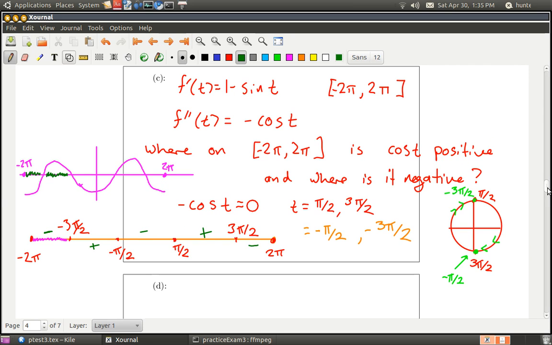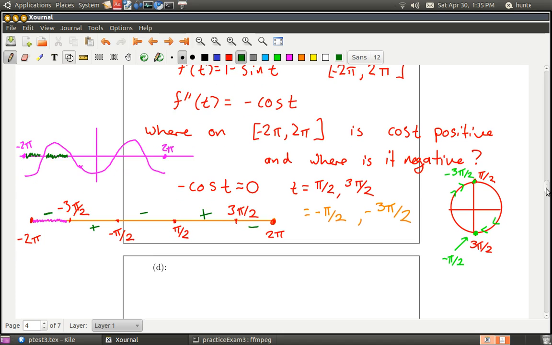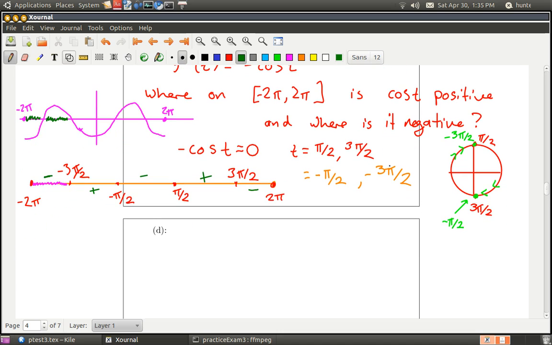And so now we know everything about the concavity, right? So the original function is going to be concave up on this part, concave down on this part, concave up on this next part, then concave down, then concave up, then concave down. Okay, so let's write that stuff down.